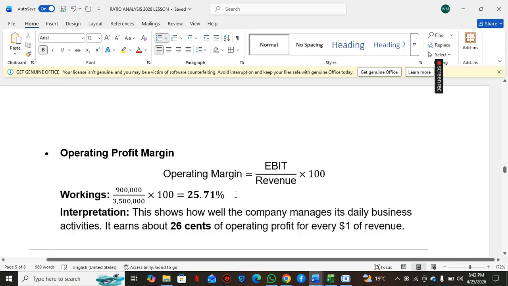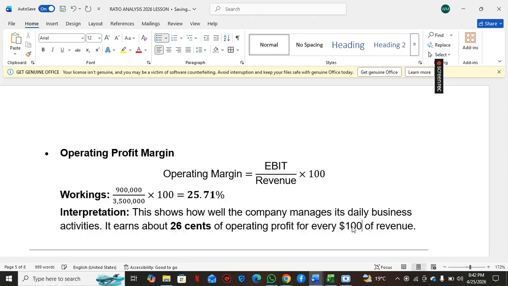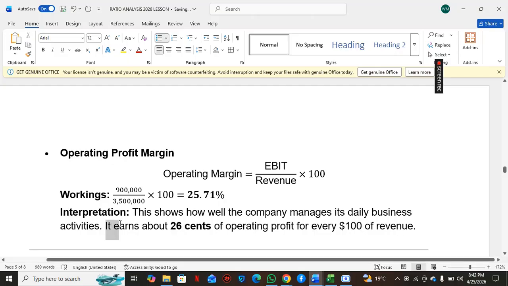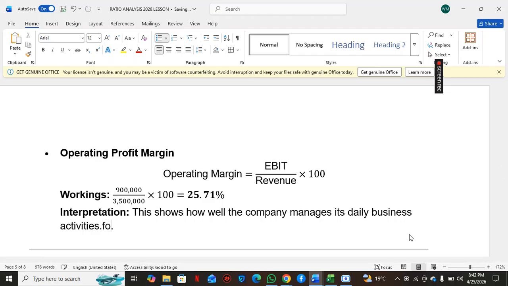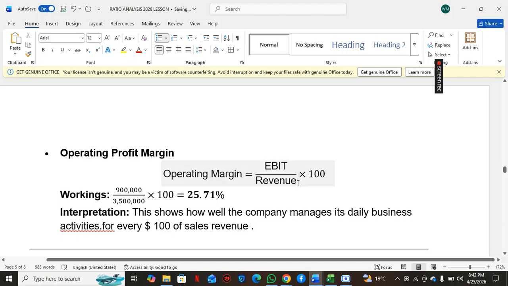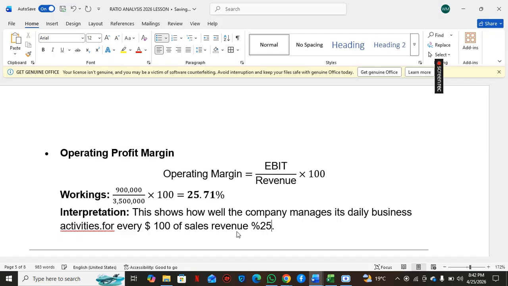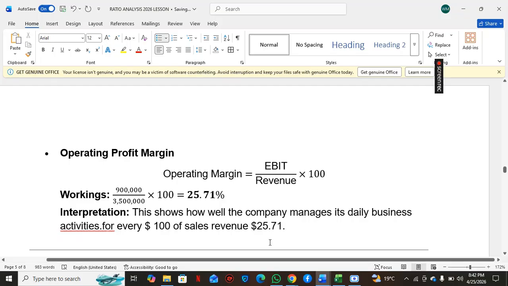So from every $100 of sales revenue, if you make a sale of $100, 25.71% of $100 is $25.71. So $25.71 is the operating profit.